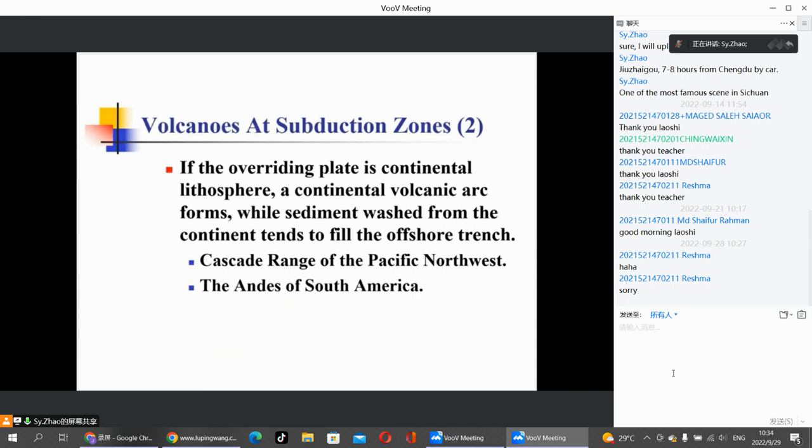If the overriding plate is continental lithosphere, a continental volcanic arc forms, while sediment washed from the continent tends to fill the offshore trench, like the Cascade Range of the Pacific Northwest. Another example is the Andes Mountains of South America.